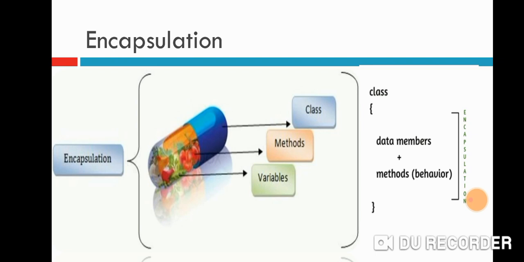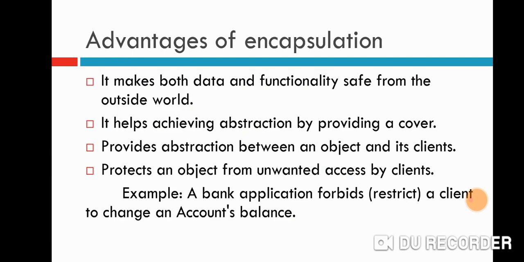We had learnt about class in the previous session. Let's see what are a few advantages of encapsulation. It makes both data and functionality safe from the outside world. It helps achieving abstraction by providing a cover. It provides abstraction between an object and its clients.